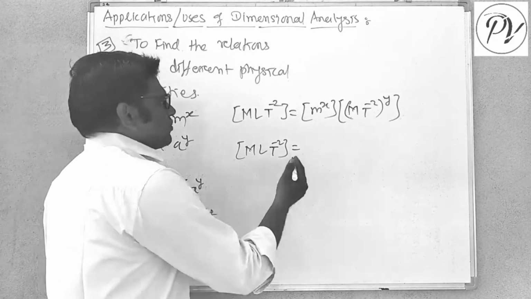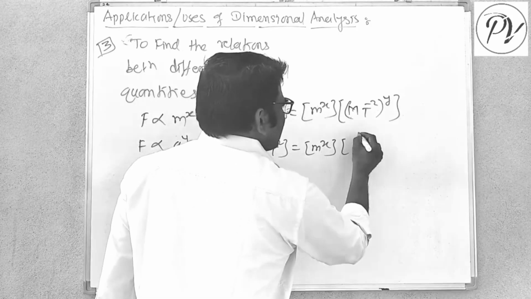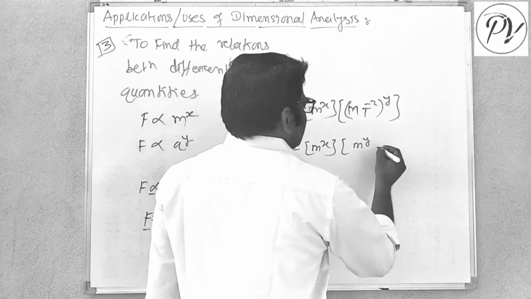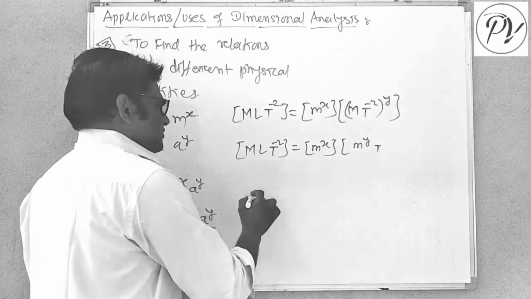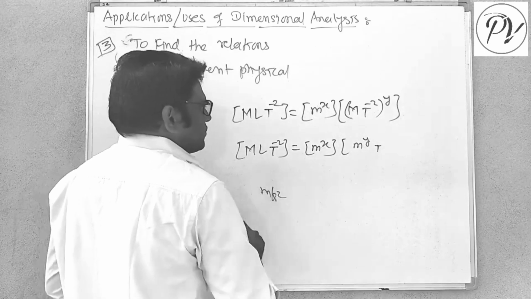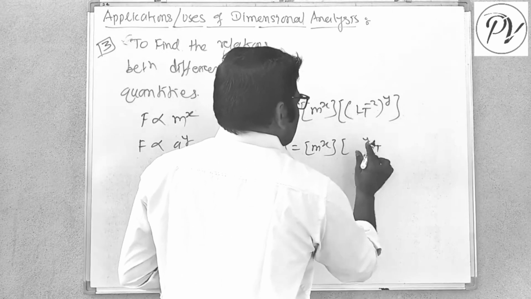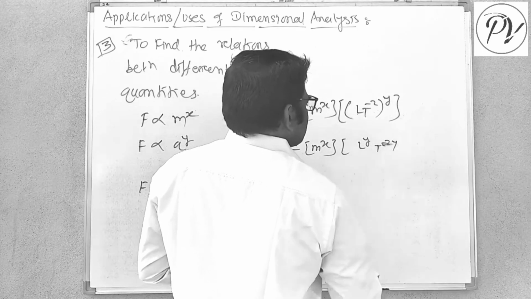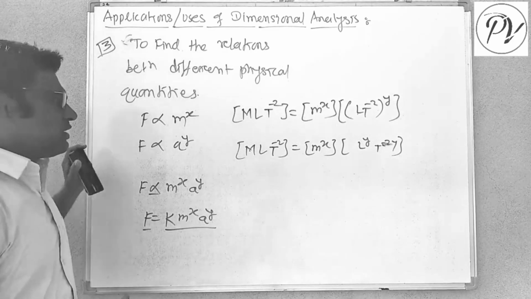Now look, M to the power x on this side, and here L to the power y, since it is meter per second square, and T to the power minus 2y.